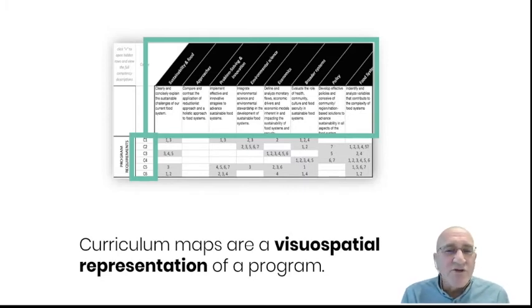And without going too in depth, without knowing too much context, you can immediately begin to see some issues through this visualization that you might want to bring back to the committee or to the faculty or to the instructors. Let me break that down for you.